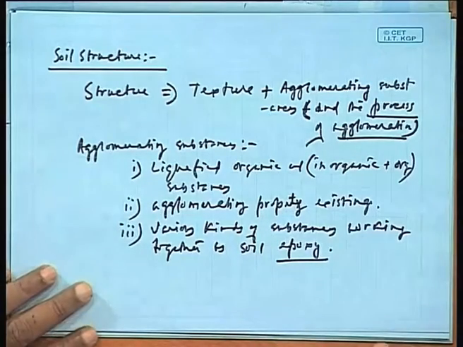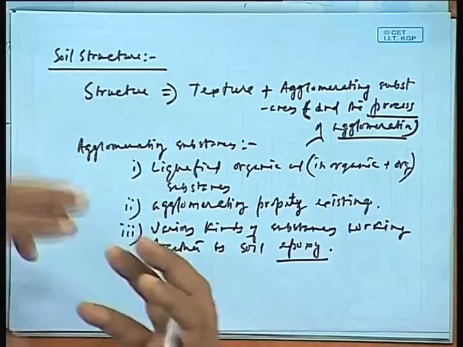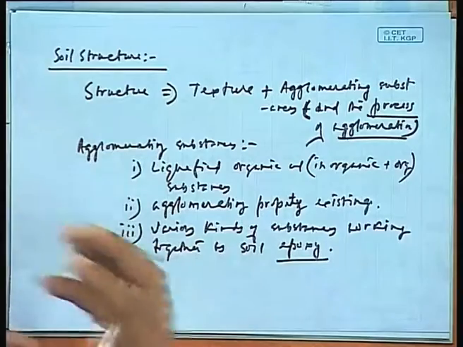The epoxy is the agglomeration, the gum that it works with. When loosened, they are texture. When they are agglomerated together, they are structure.